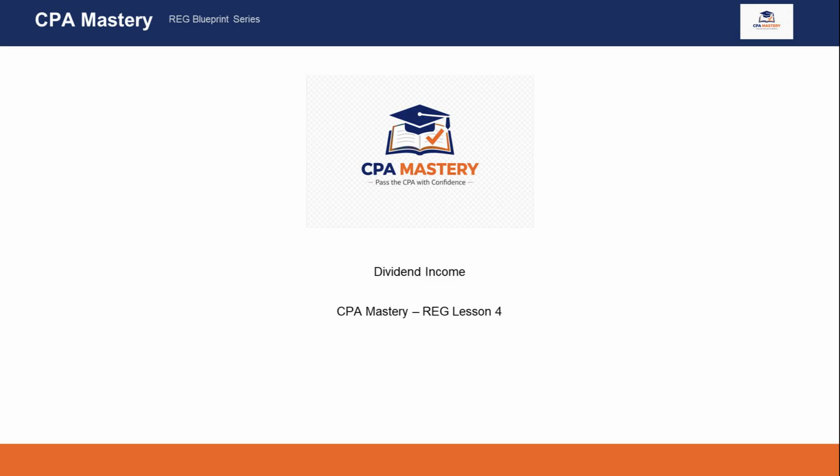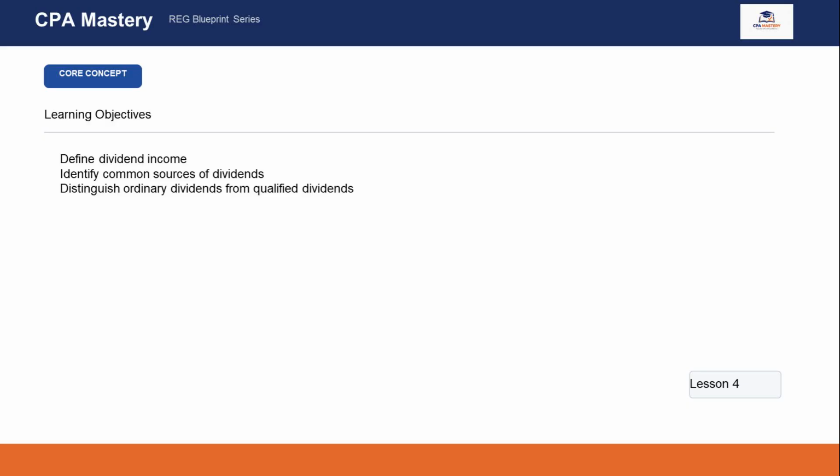By the end of this lesson, you should understand what dividend income is, how it is taxed, and how the CPA exam typically tests dividend questions. In this lesson we have three main goals. First, we want to define dividend income and understand why it is generally taxable. Second, we want to identify the most common sources of dividends, which usually involve stock investments and mutual fund distributions.